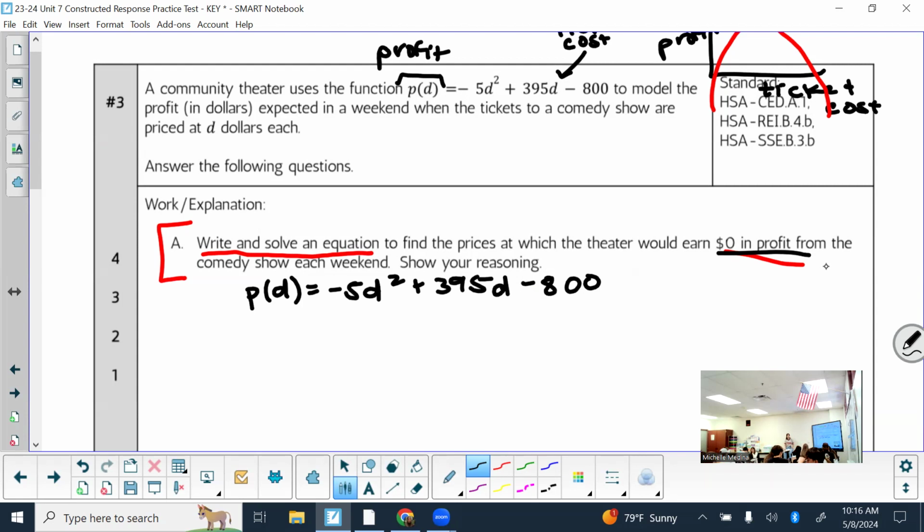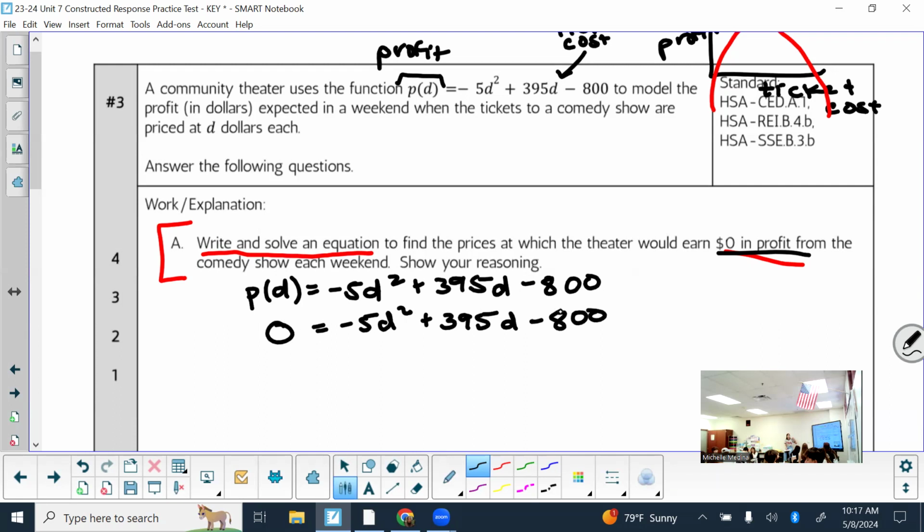It wants to know when what is 0. So we need to plug it in to P of D, as a whole. We want to know when the profit is 0. Make sense? You don't want to plug it in for D because that would figure out how much profit you make when the tickets cost $0, like negative 100, and that would make sense. Okay, so plug in 0 for the profit.